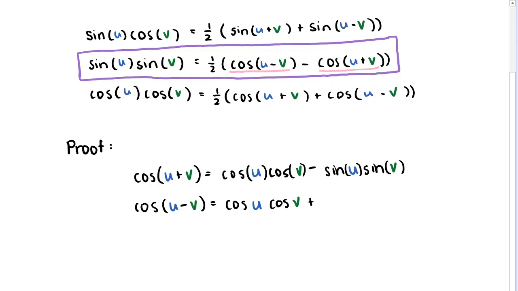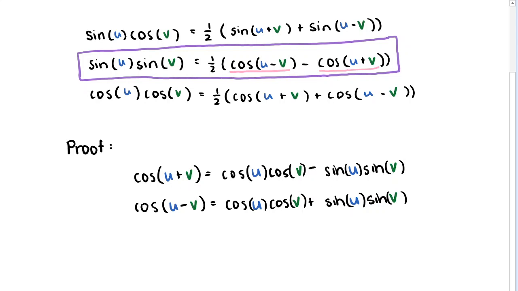So cosine of u times cosine of v plus sine of u times sine of v. We want to combine these two equations in some way so that we end up with just sine of u times sine of v on one side, and on the other side an expression involving cosine of u plus v and cosine of u minus v.